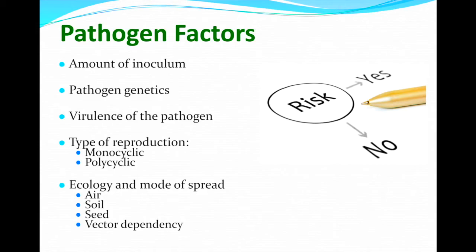What about the type of reproduction of the pathogen? Does it have one cycle in its life of being able to have offspring, or does it have many? So mono meaning one, or many cycles of producing offspring, polycyclic. That's obviously going to play a big role. The more cycles of being able to have babies, the more babies, the more inoculum the pathogen could produce.